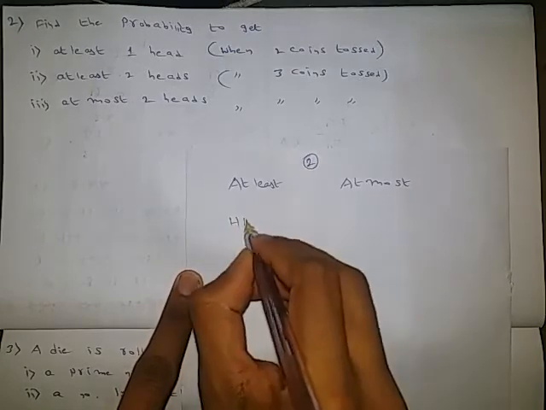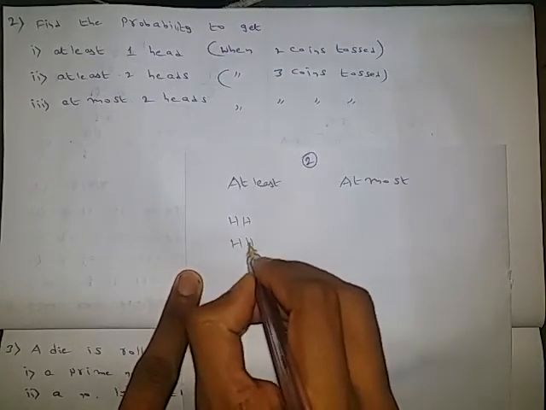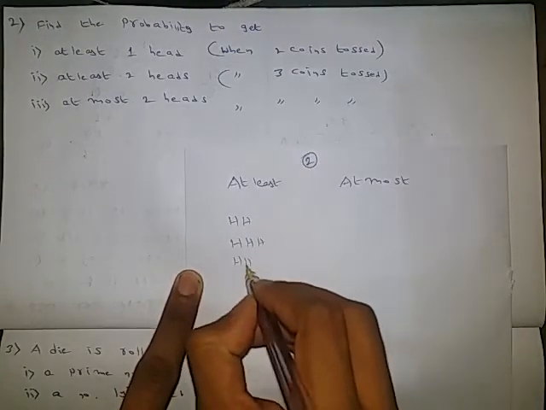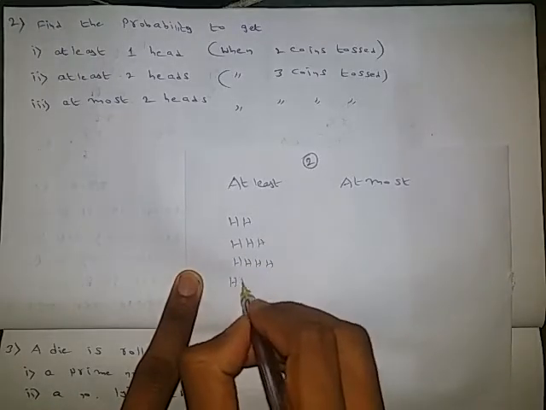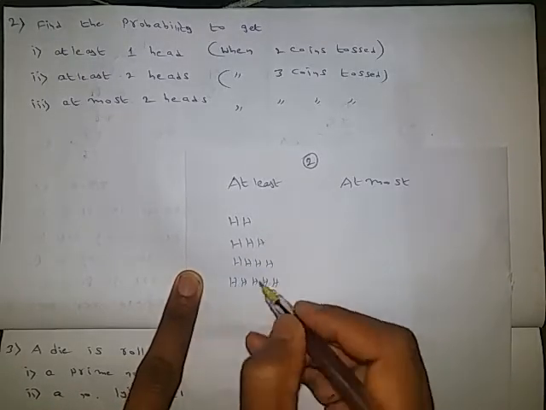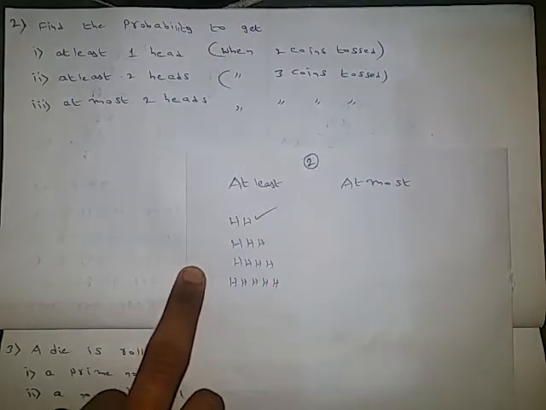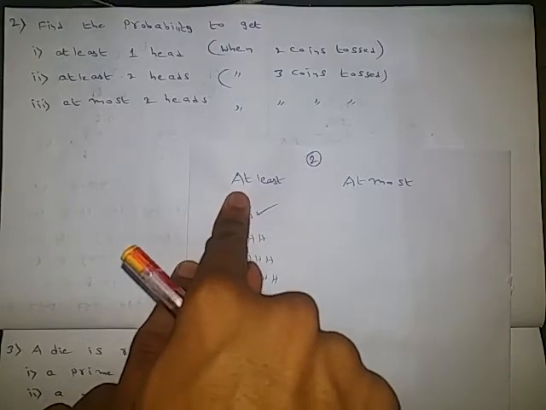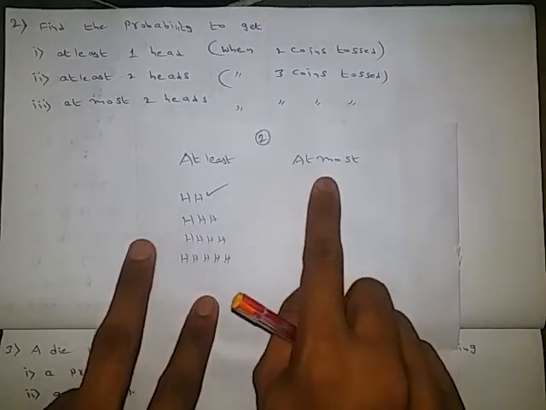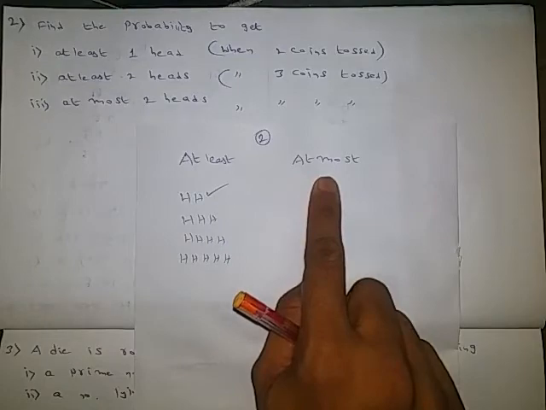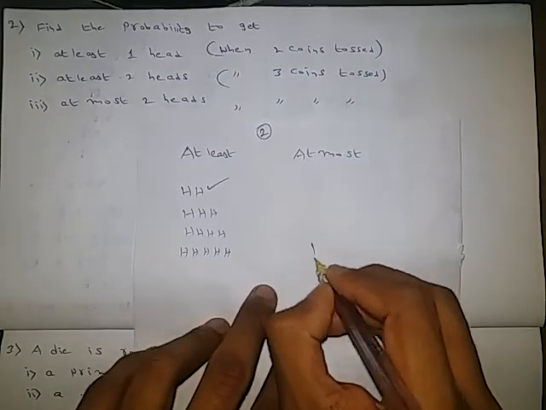Head, head. Otherwise head, head, head. Otherwise head, head, head, head. Otherwise any number of heads, hundred thousand times, lakh times, crore times also. But minimum 2 heads should be there. That is the meaning of at least. Next, at most means maximum 2 only.